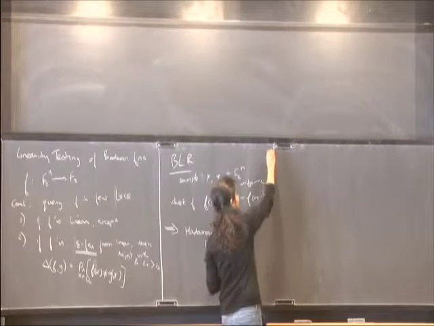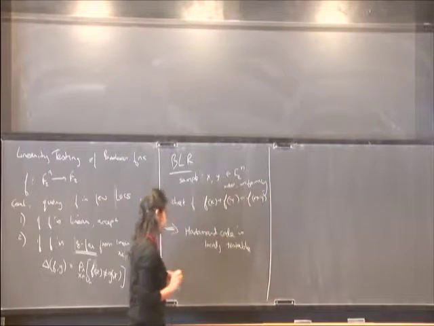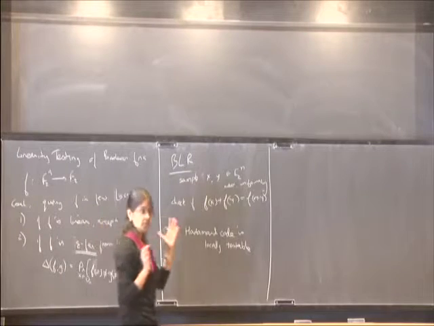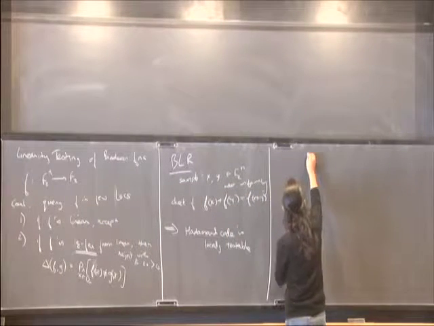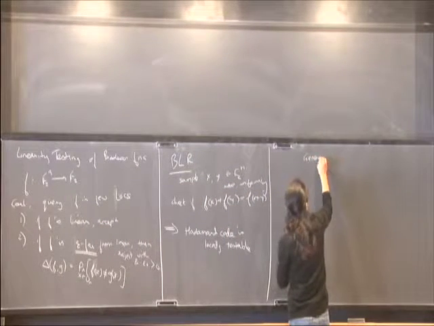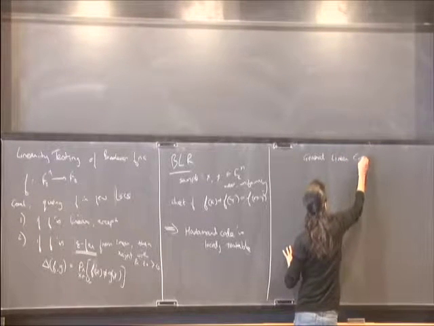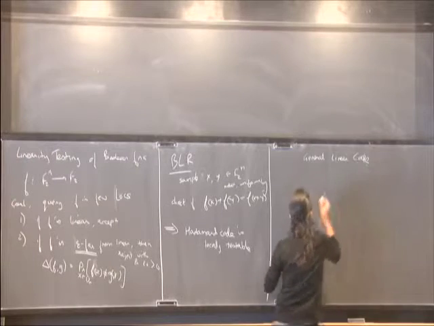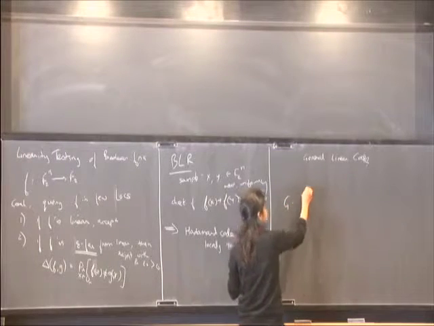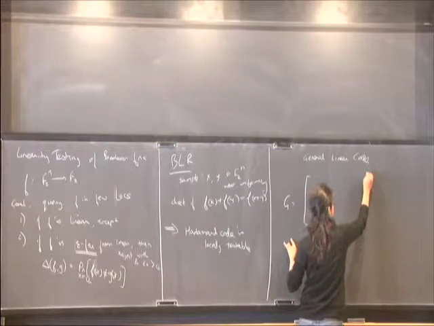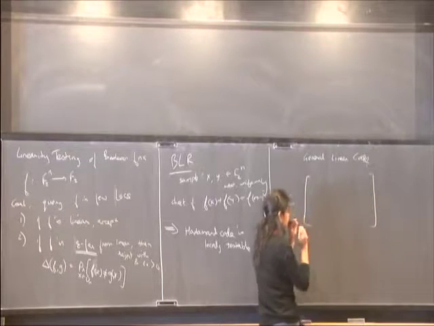Anyway, so this test works, and we know the Hadamard code is testable. Okay, so that's great. So how about other codes? Let's take some general linear code. Say G is the generator matrix of some linear code.